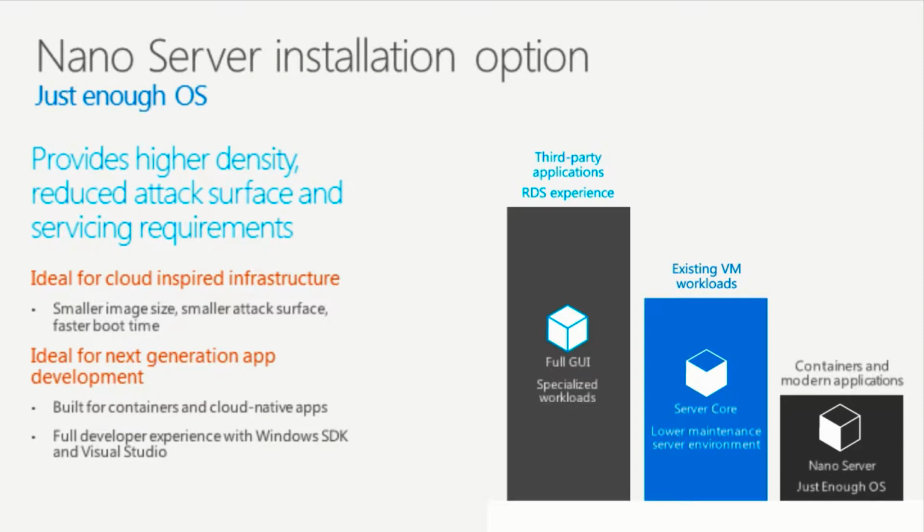Now, the way Nano Server is installed with Windows Server 2016 is you actually have to go and take the binary components and go and create your own virtual hard disk. Now, this is slightly different from what you may be used to. Traditionally, when you installed an older version of Windows Server, you would have the option of installing either the full GUI interface or Server Core as you go through the setup wizard.